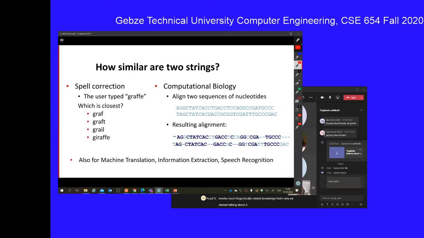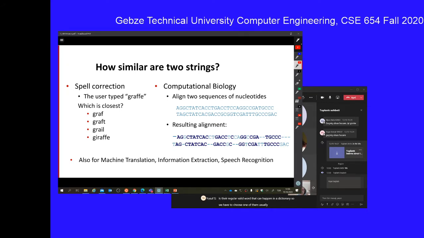The idea was, if somebody types in something like this, we know that it is not in the dictionary. So he must mean something else. Is it this one or this one or this one or this one? Each of these is a regular valid word that can happen in a dictionary. So we have to choose one of them.